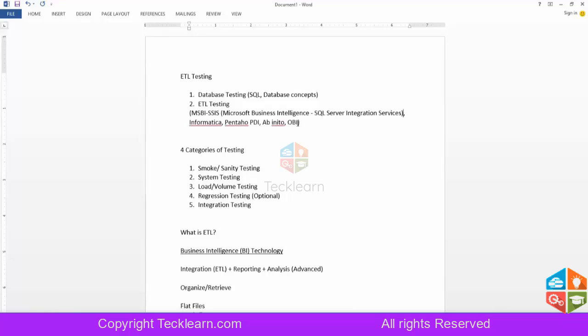As part of this course, I will give an outline of SSIS, the SQL Server Integration Services tool. I will take a session to make it understandable. Then we'll demonstrate how an ETL solution will be tested using SSIS.